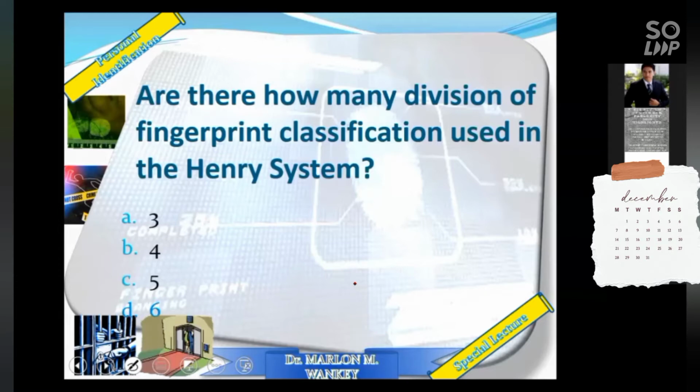Pero ang tinerterm na kasi ngayon, although it is Henry FBI, it is still accepted as Henry system, since the classifications all started with Henry system. But there are actually 7 classifications. Isn't it? Well, we will reiterate again the classification.